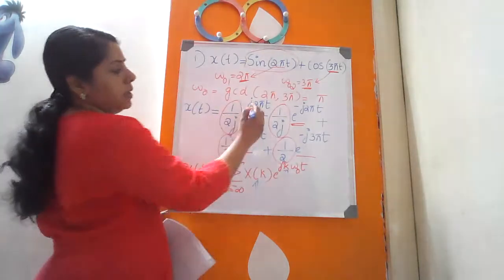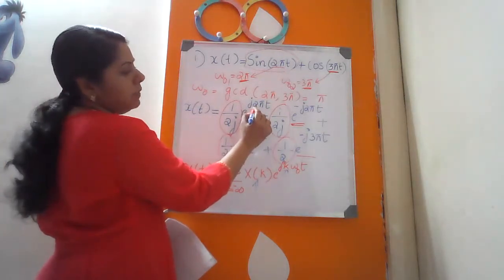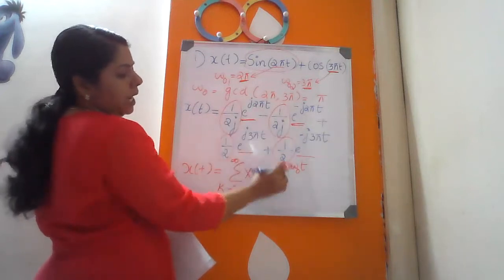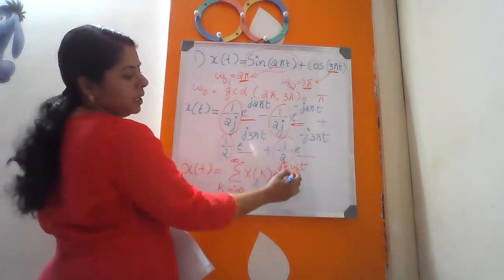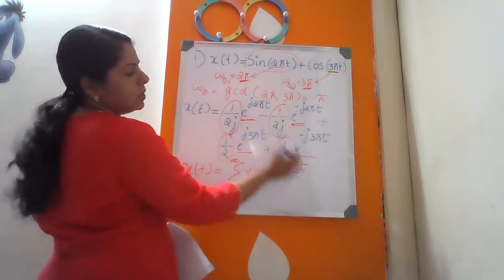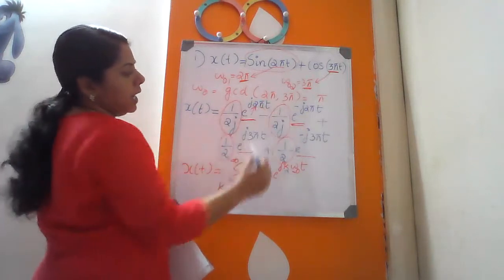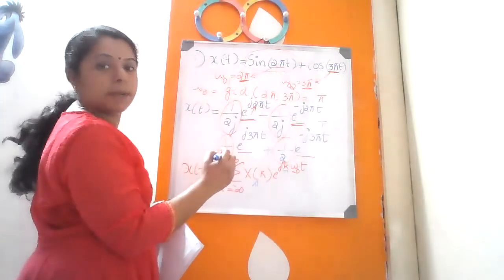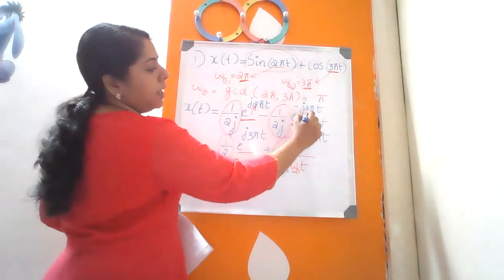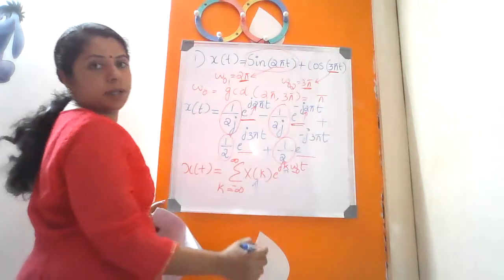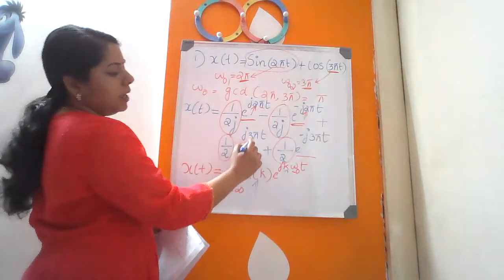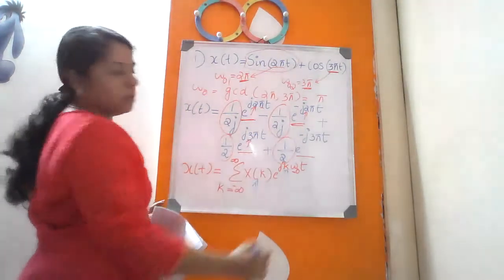Let us go for this term. Here, what k value will we get? It is there in your equation: j, then omega naught is pi, and the t is also there. So what is the k value for the first term? The k value is plus 2. What is the k value of the second term? It is minus 2. What is the k value of the third term? It is plus 3.